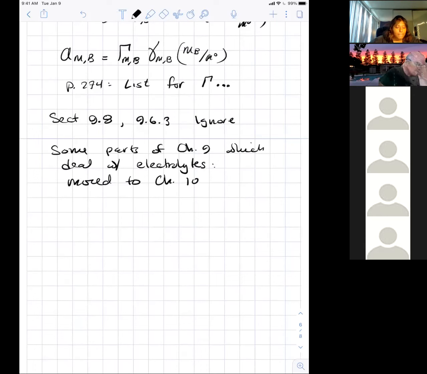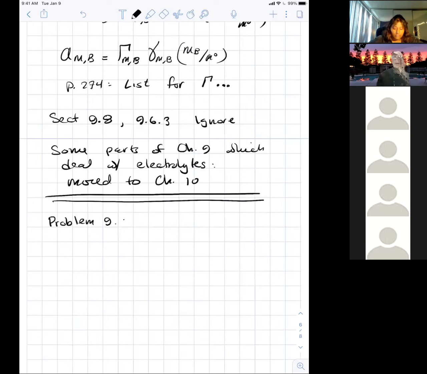So now let's look at problem 9.9 in DeVoe. And I'm going to call this a problem map. Okay. So problem 9.9 has a table.